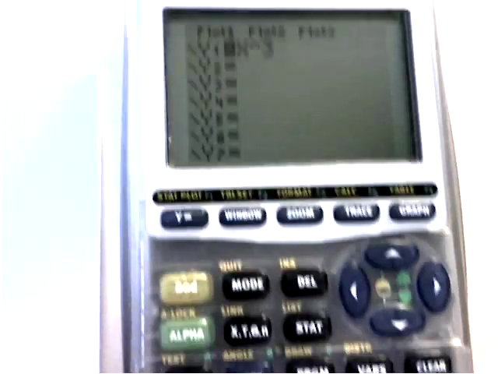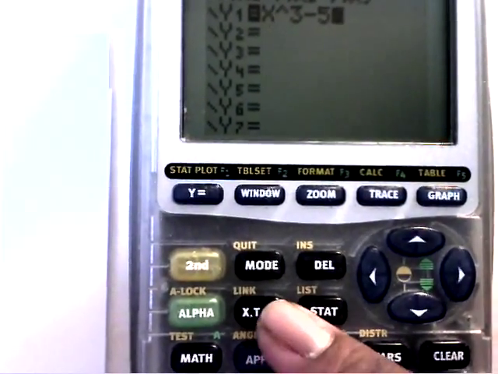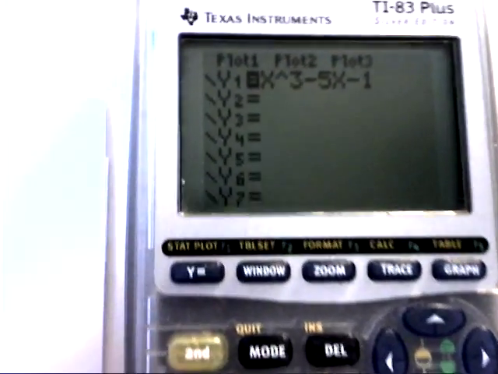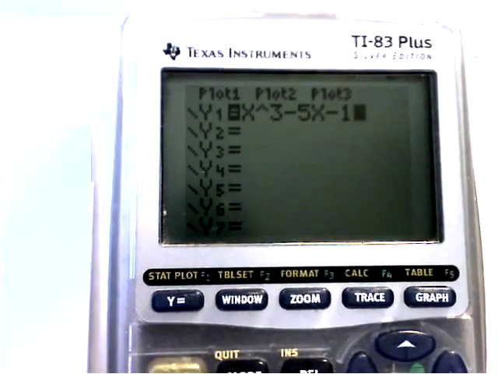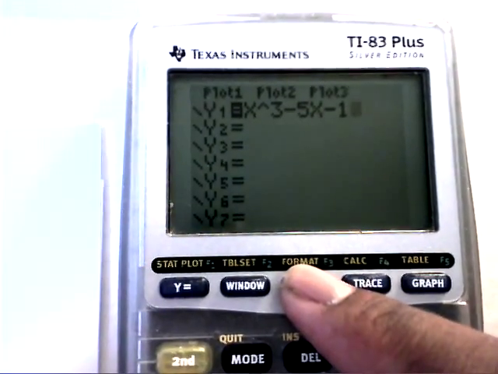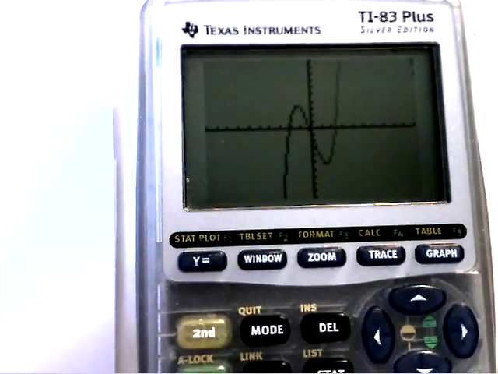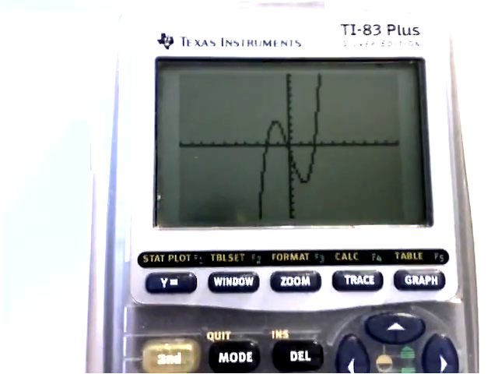And then minus 5, and then x, minus 1. So your screen should look like this. And then, to be on the safe side, press zoom, and then select number 6 for the standard window. And that's your graph of that particular equation.